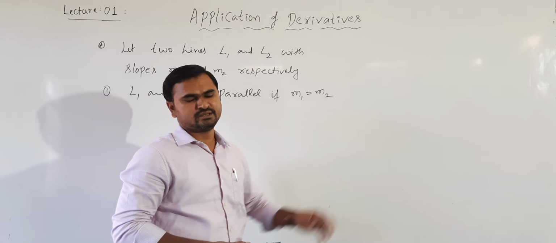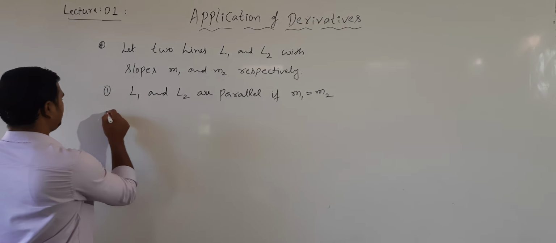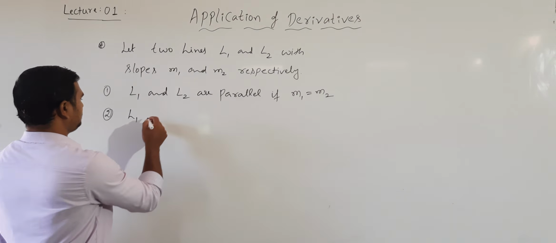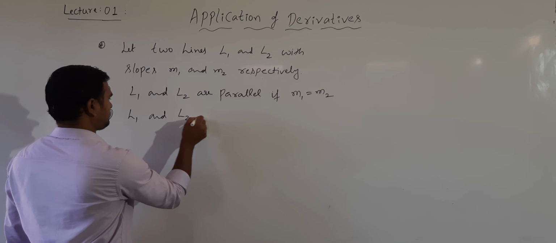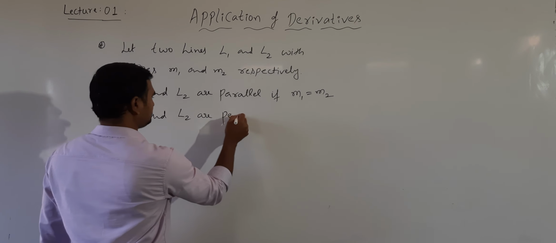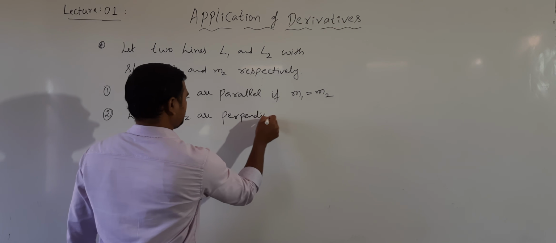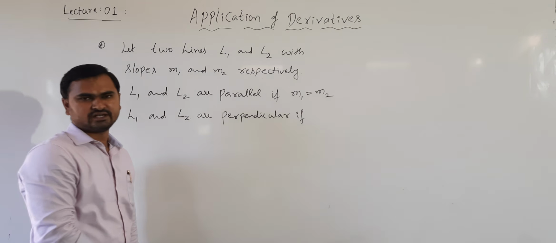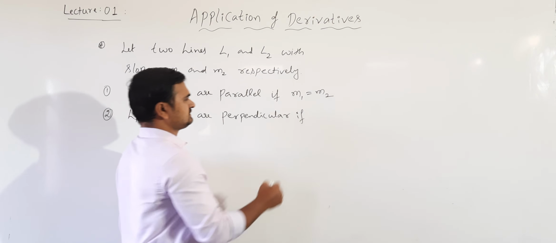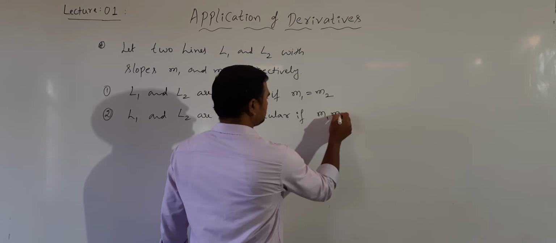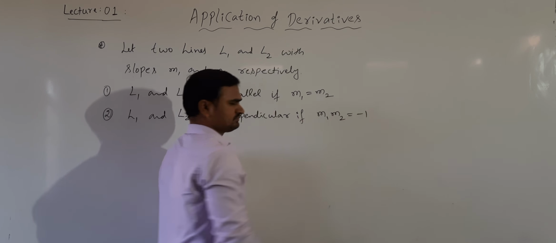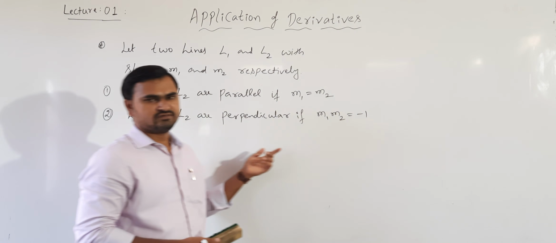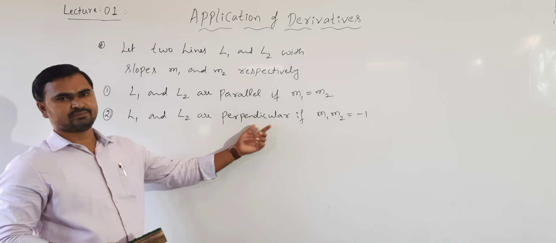Second, L1 and L2 are perpendicular if the condition m1 m2 equals minus 1 holds. If the product of slopes is minus 1, then we can say that the lines are perpendicular.